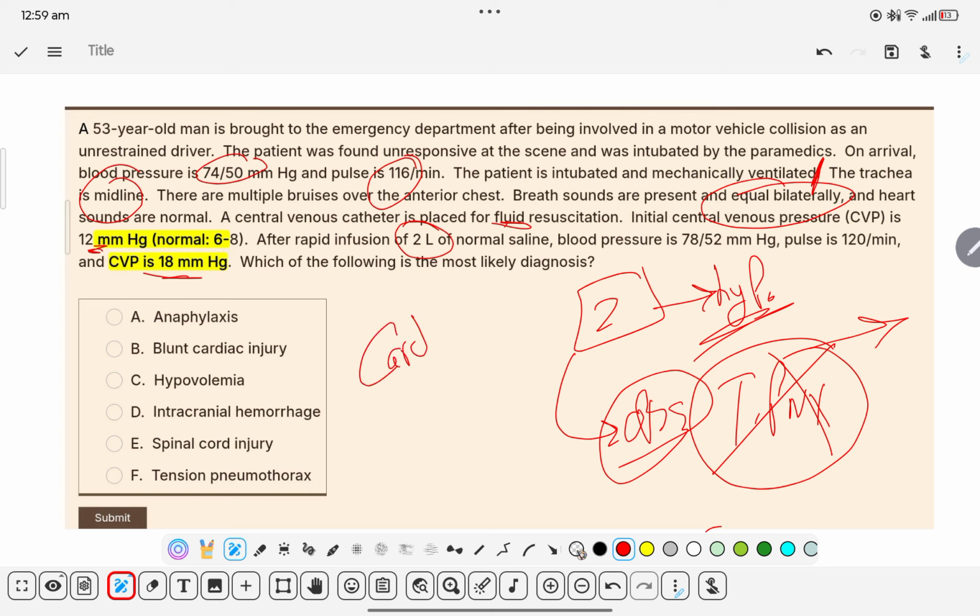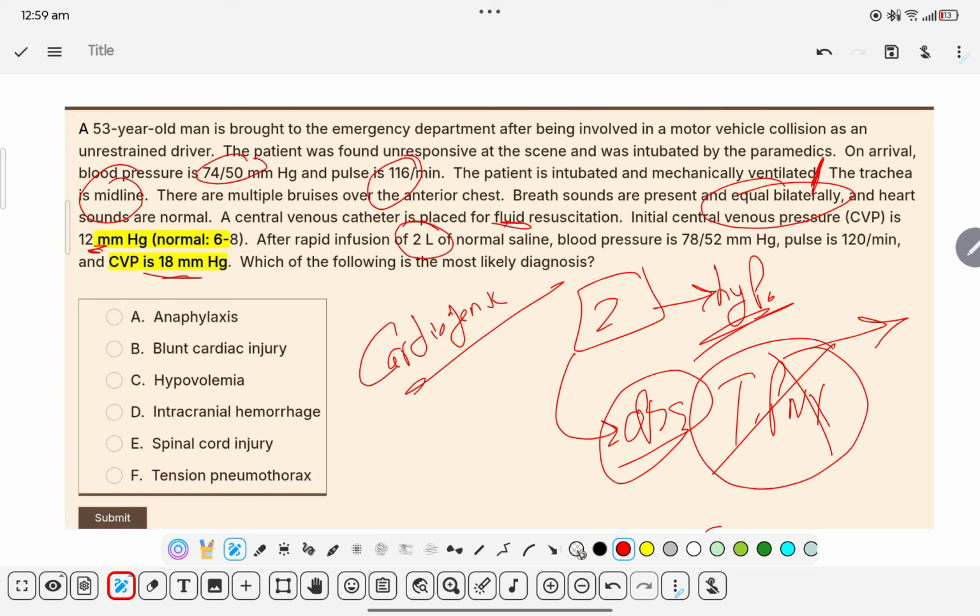So a patient with high CVP who got worse with normal saline, you should think of cardiogenic shock. Cardiogenic shock can be caused by two main causes. The first cause is myocardial infarction, which usually presents as typical chest pain, but it's not the case here. The second cause is blunt cardiac injury, which can cause myocardial contusion, some sort of trauma to the heart affecting heart function.